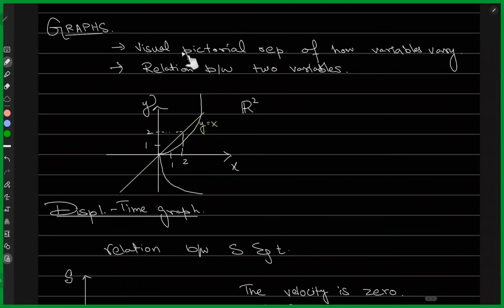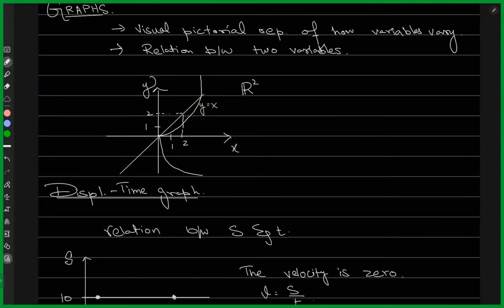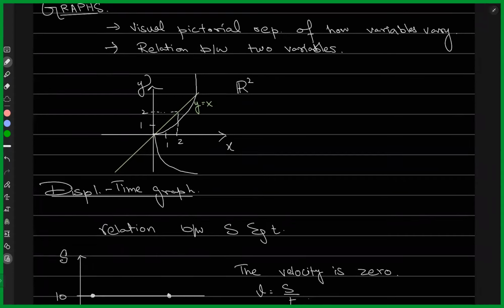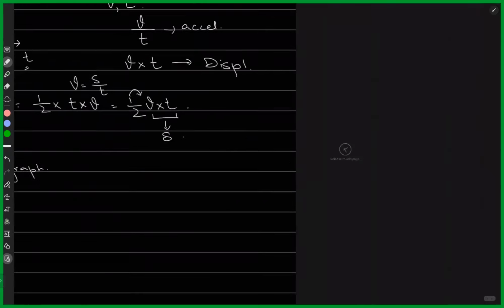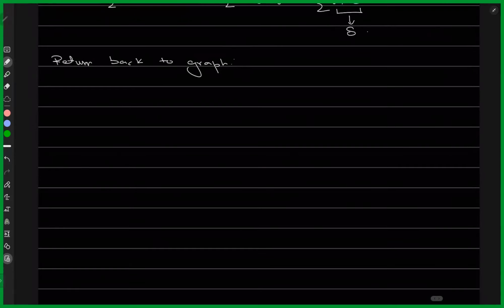I drew some lines, some of them weird looking, and it tells you the relationship between two variables in our space of real numbers. So let's return to that and discuss some more properties that make up graphs.